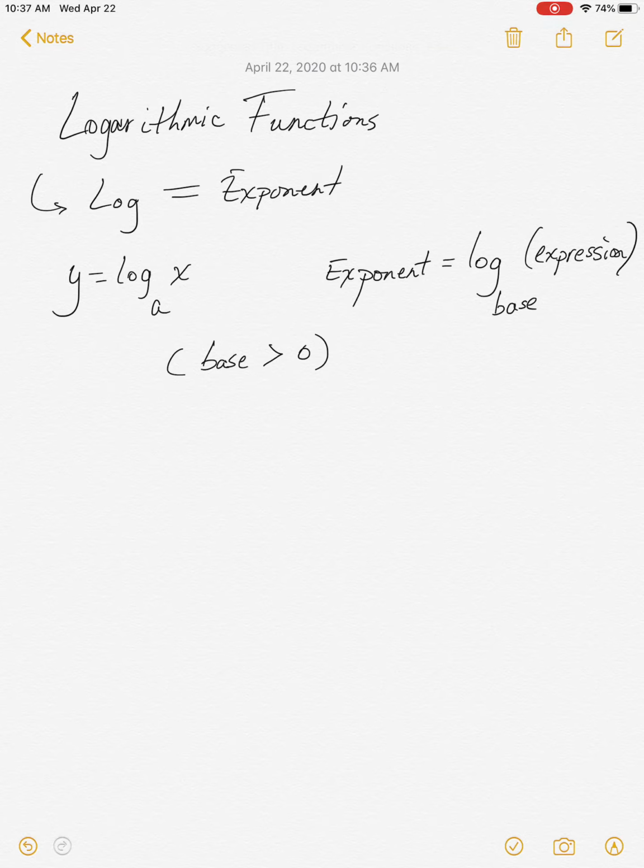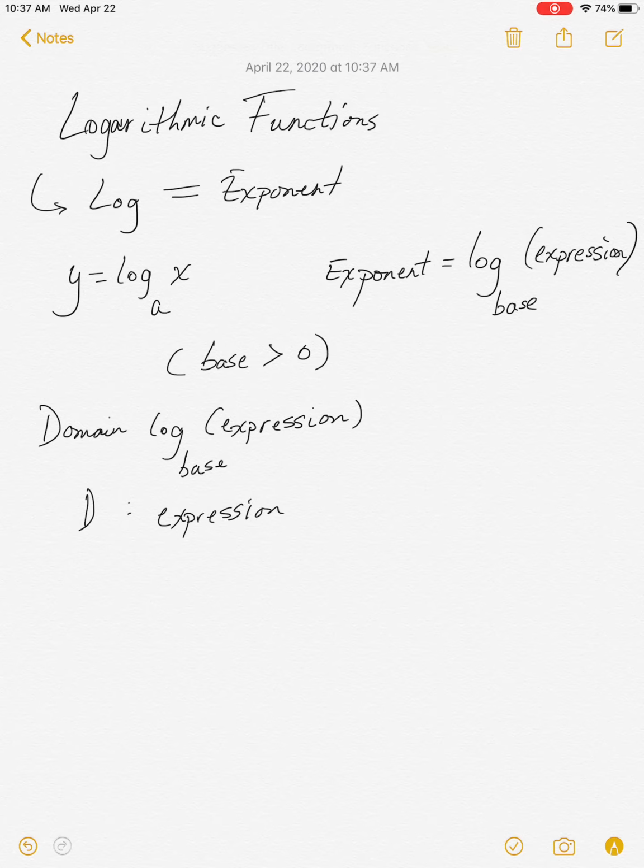Alright, so the domain of logs: all you do is take your expression to find the domain. You take the expression and set it greater than 0, and then solve for the variable.